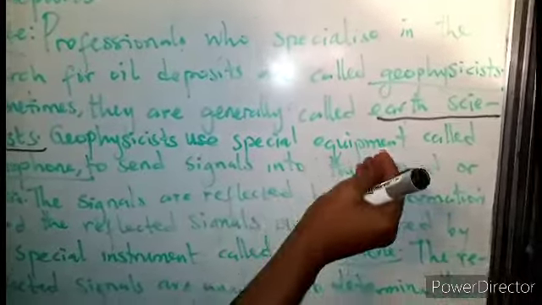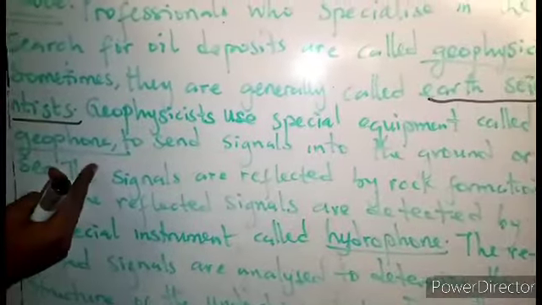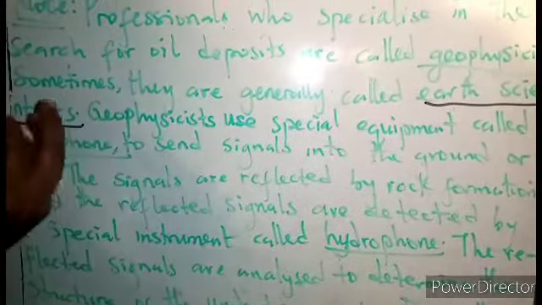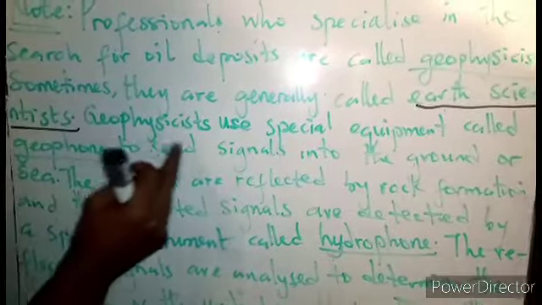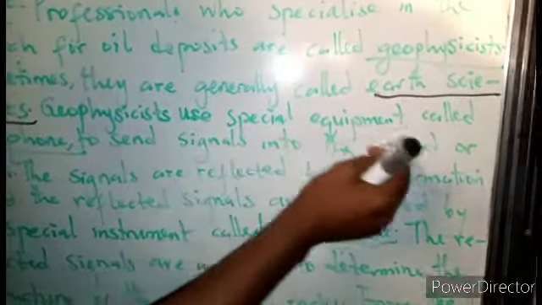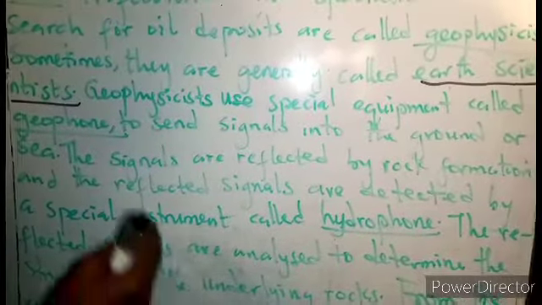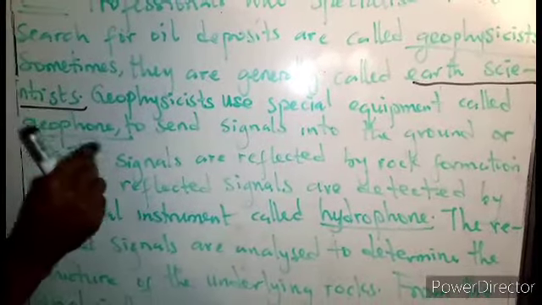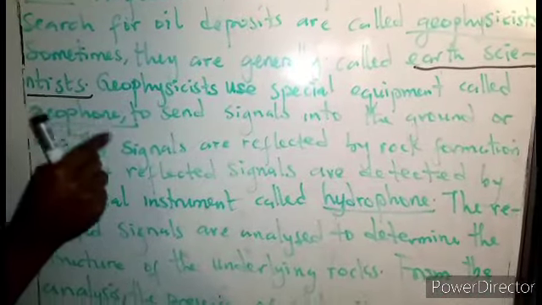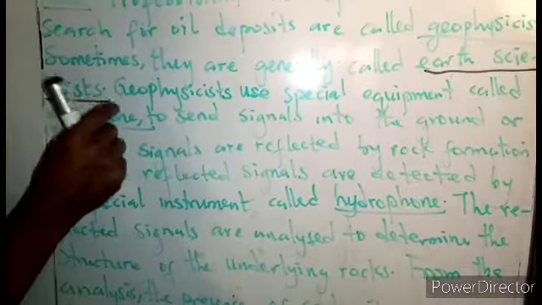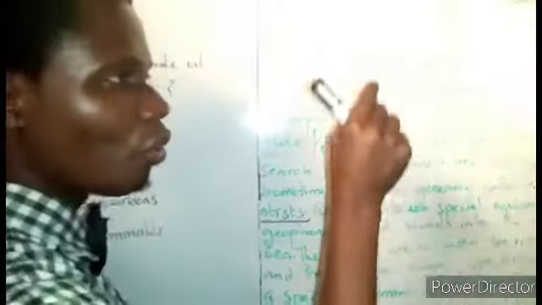Geophysicists use special equipment called geophone. These people use special equipment called geophone to send signals into the ground or sea. For the sake of our time, you can type geophone in Google.